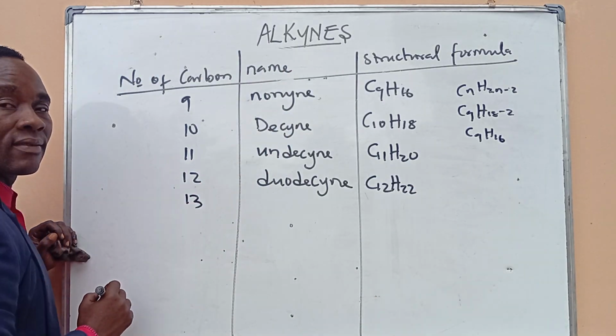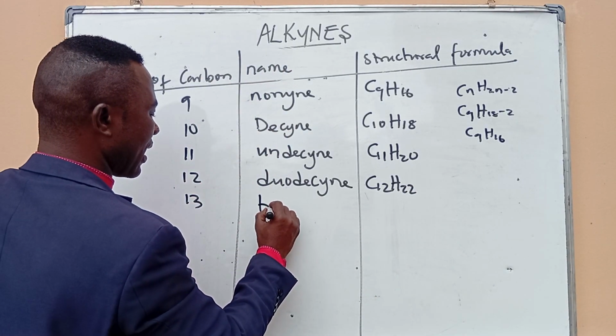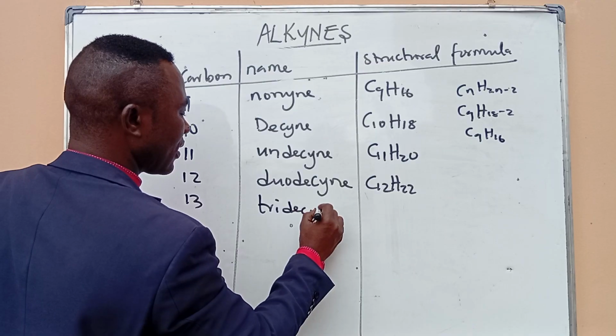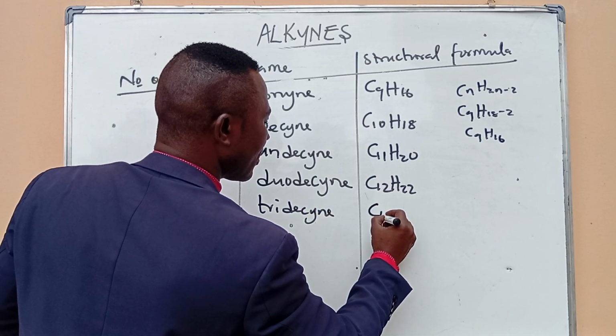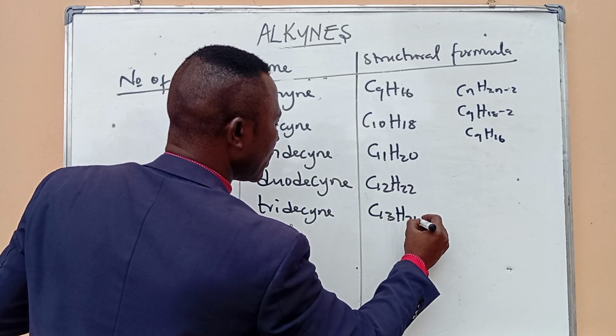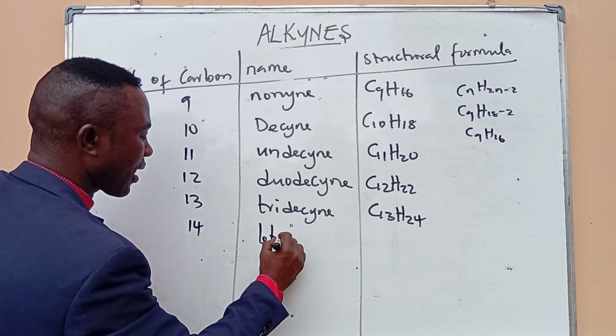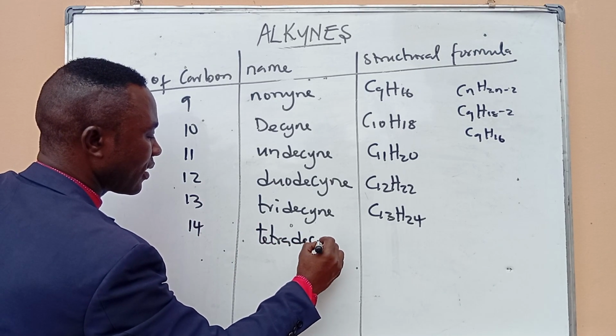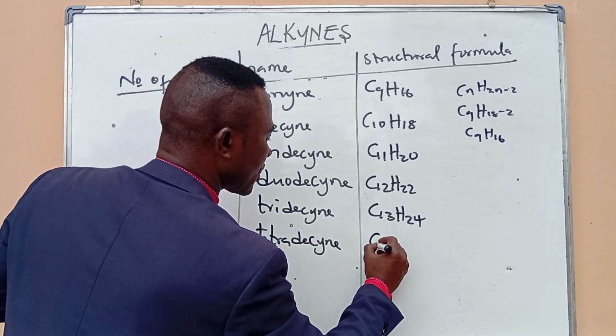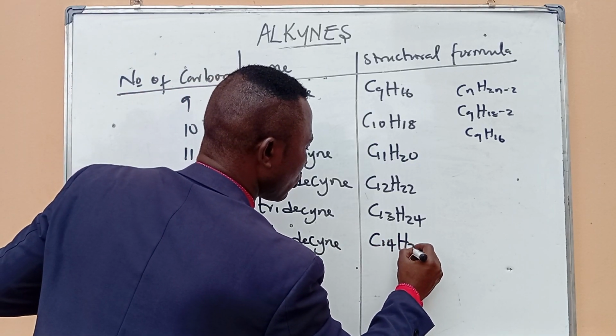Then number 13 is tridecyne. Tridecyne is C13H24. Number 14 is tetradecyne. Tetradecyne is C14H26.